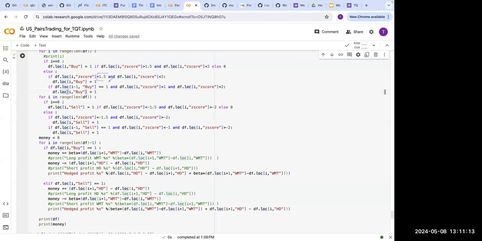We are checking between 1.5 and 2. That means if it's going beyond 2, that is a signal of one company's different sentiment than another, and it's like some specific news. So you don't want to trade in that risky zone. You would probably consider a reversion when it's between these two values.